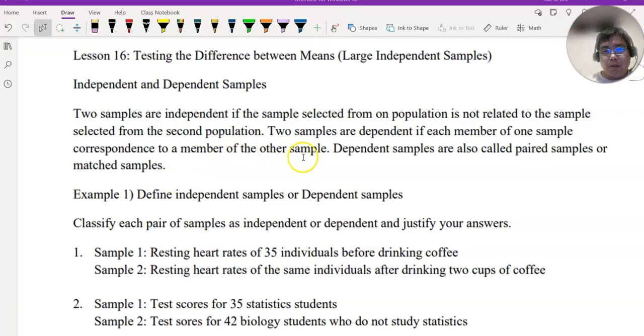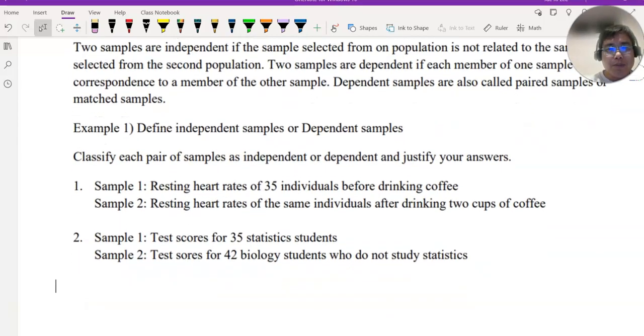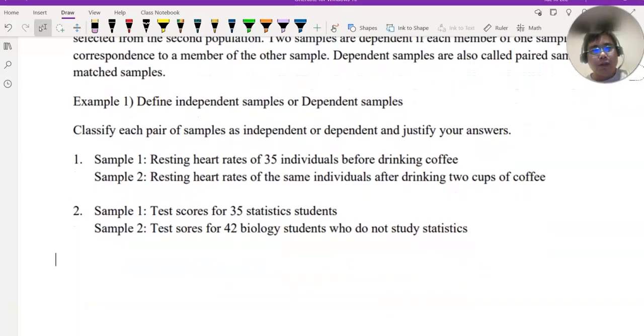So we want to confirm what that means first. Look at example number 1. Define independent sample or dependent sample. Classify each pair of samples as independent or dependent and justify your answer. Number 1, sample 1: resting heart rate of 35 individuals before drinking coffee.